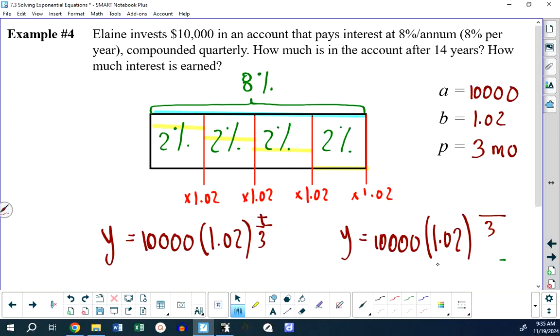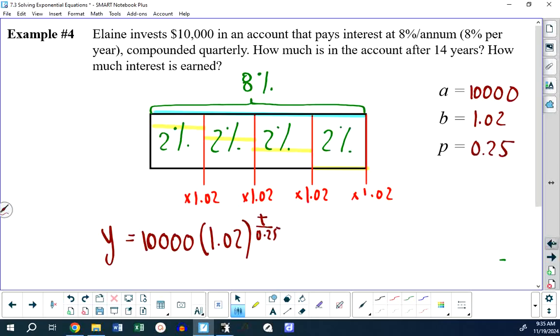And now what I want you to do, I don't want you to calculate this whole thing. Here was what we did to begin with, and we used 14. Correct? I would like you to take 14 divided by 0.25. 56?